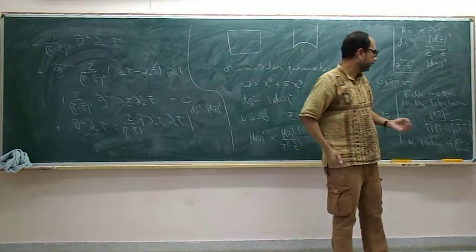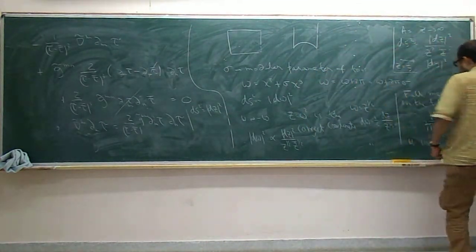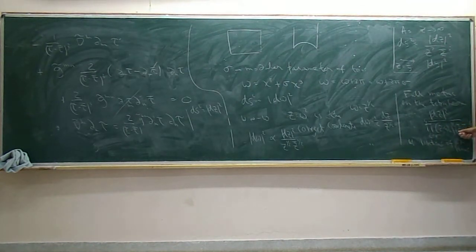And in this compact space there are 4 points where all the curvature is concentrated. Because away from these 4 points, the metric is dz mod square, divided by a holomorphic function times an anti-holomorphic function. So the curvature is identically 0.